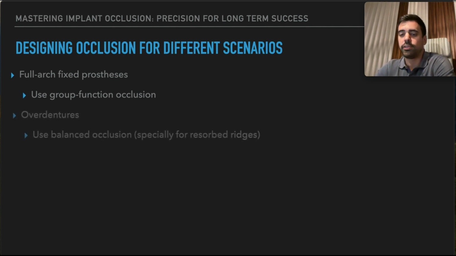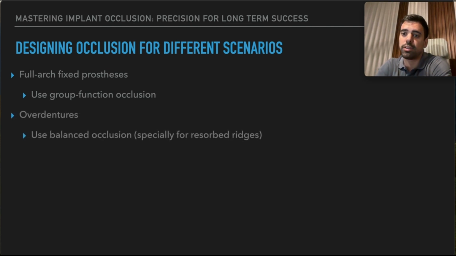That's completely different if we do an overdenture. I think with an overdenture, we probably need to think more like a balanced occlusion, like having nearly every single tooth touching when we go into the side. Like in dentures, we want to preserve them and keep them, especially if we have resolved bridges, where you place those 2 or 3 implants with locators, and you end up having to replace the little plastic on the locators every few weeks, and they're all worn down.